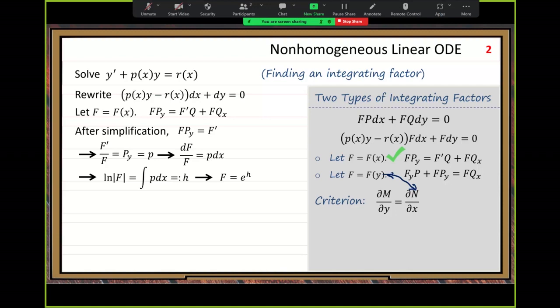We only need to pick one among a large pool. There are many functions that can be used as an integrating factor. We only pick a special one. So when we have the freedom to choose a special one, we choose one without absolute value.